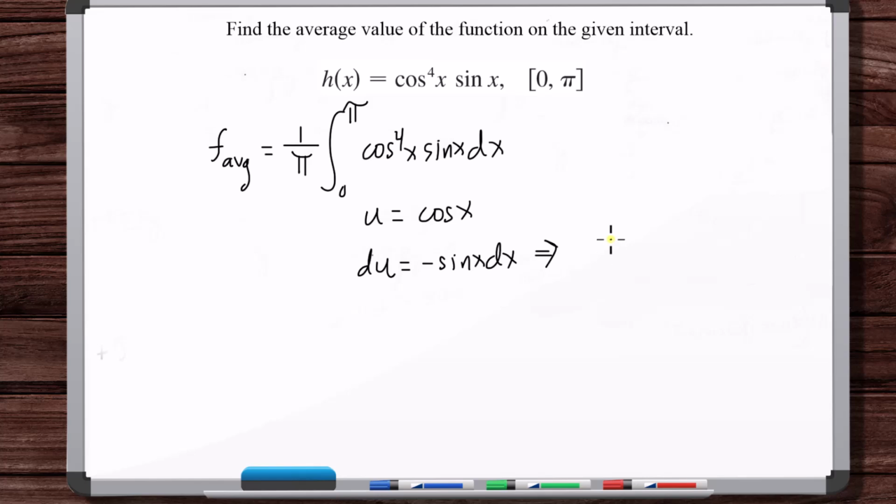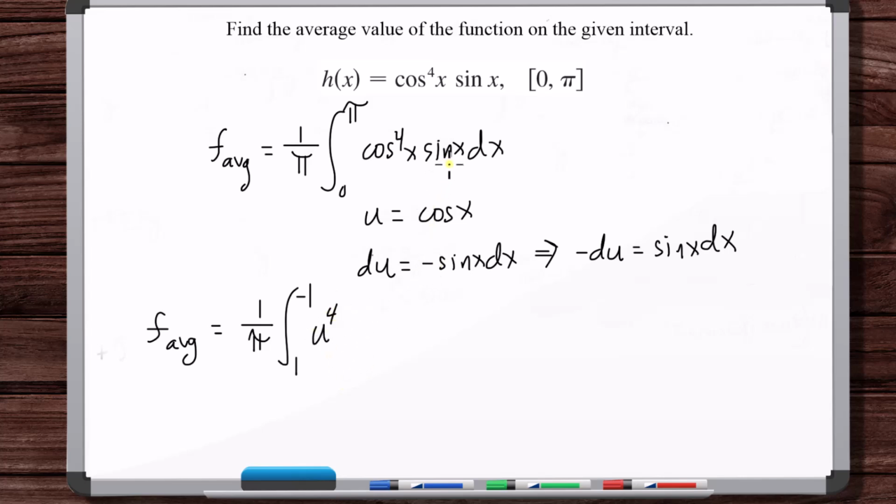So minus du is equal to sine of x dx. When x is equal to 0, u is equal to 1. When x is equal to pi, u is equal to minus 1. And then we've got u to the fourth, and then sine of x dx is minus du. So put a minus here.